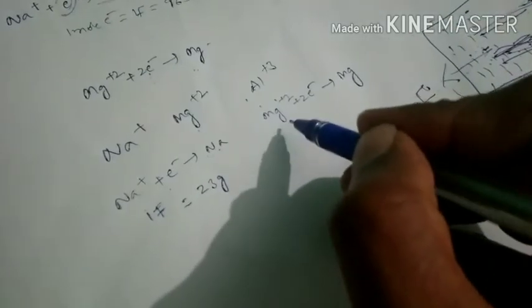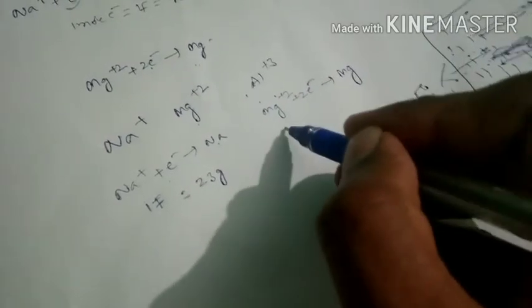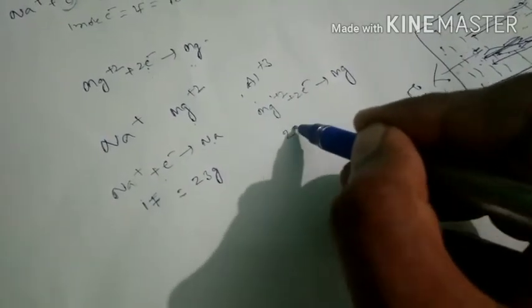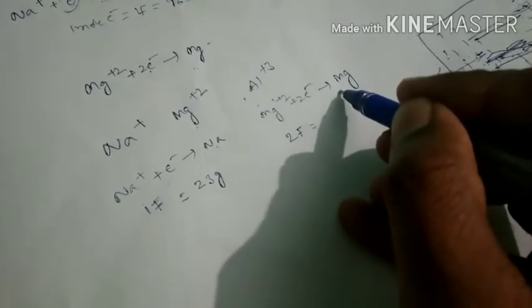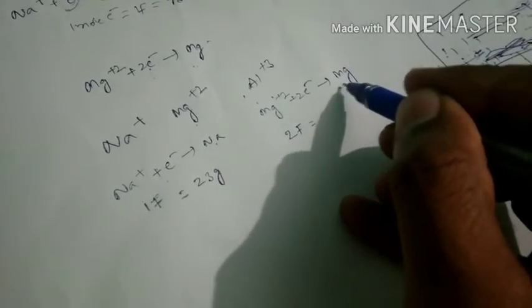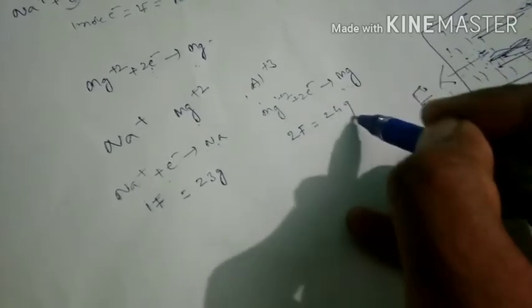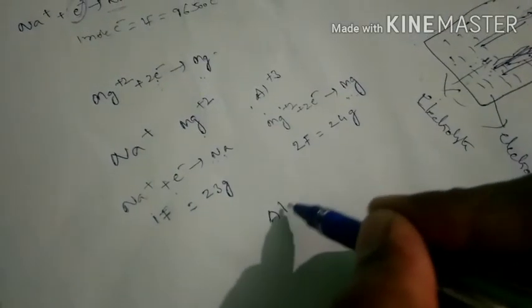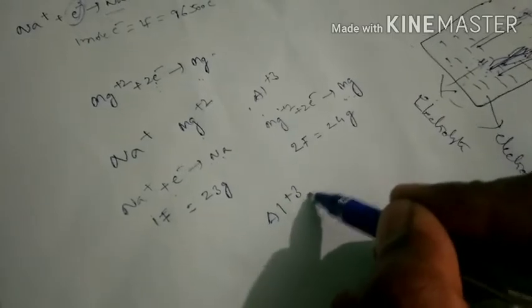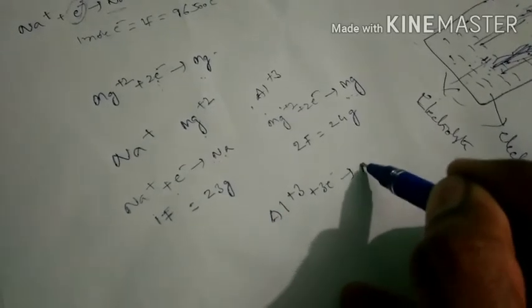Similarly, if you pass 2 Faradays of electricity, then you get 1 mole of magnesium. See carefully, 1 mole, not 2 moles. The weight of 1 mole of magnesium is 24 grams. Write one more equation: Al plus 3 electrons gives rise to Al.